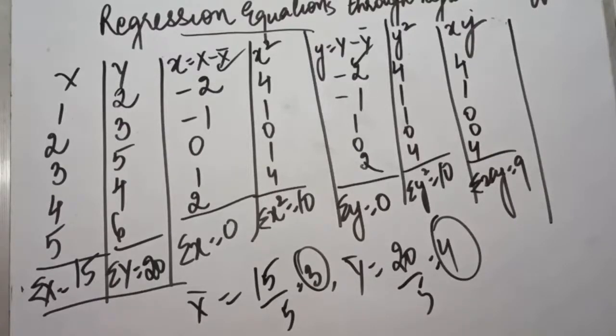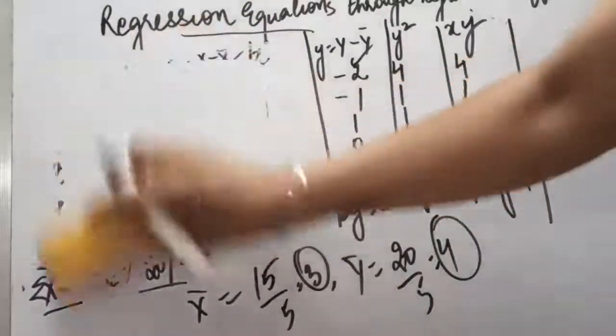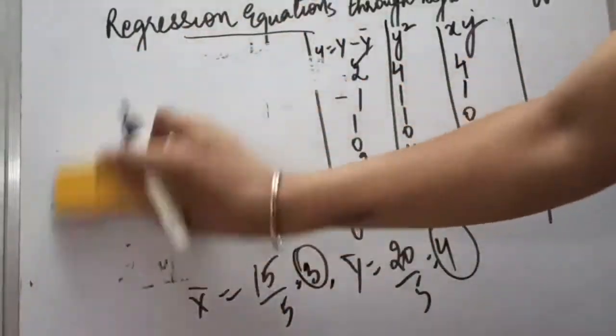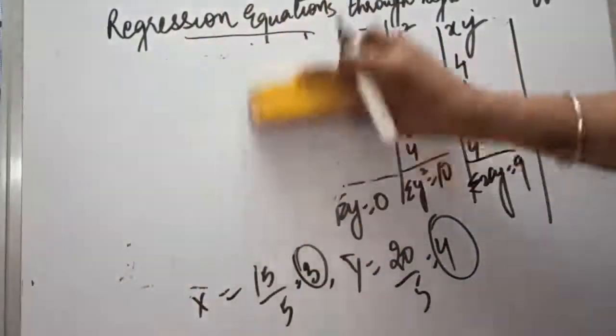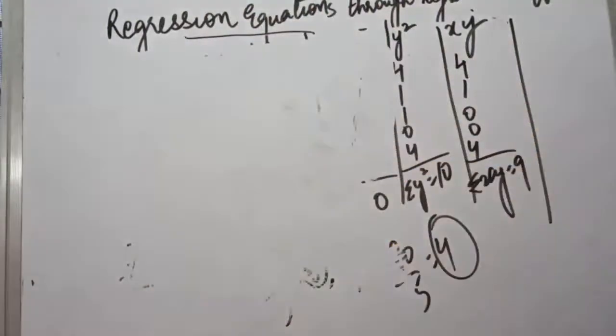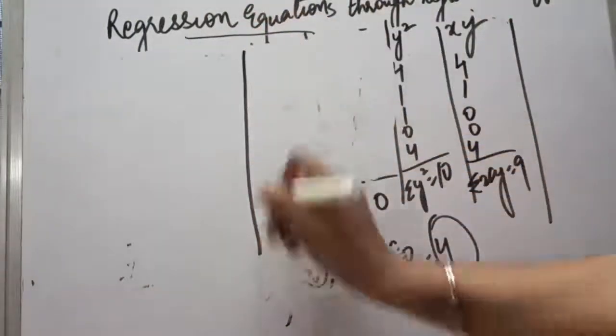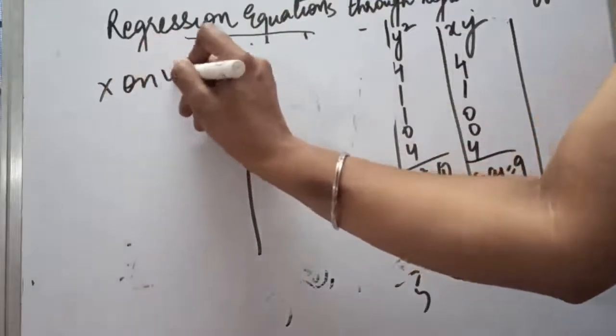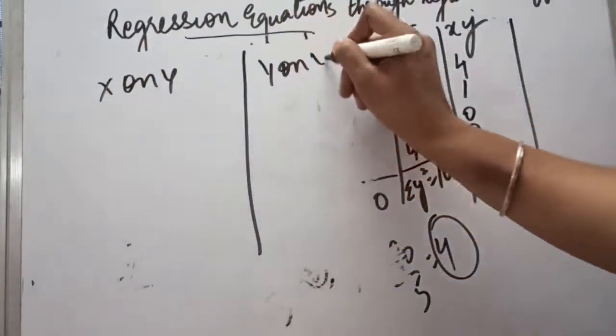Now we will start with our regression equations and regression coefficients. To calculate regression coefficients, we will require all this information. First of all, we will make two parts, x on y and y on x.